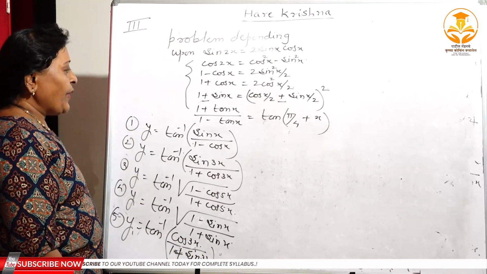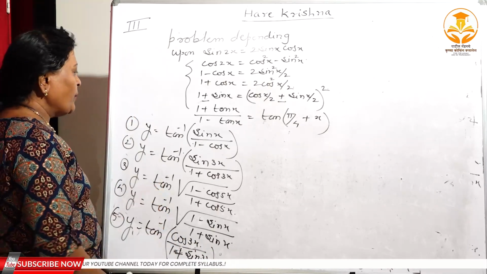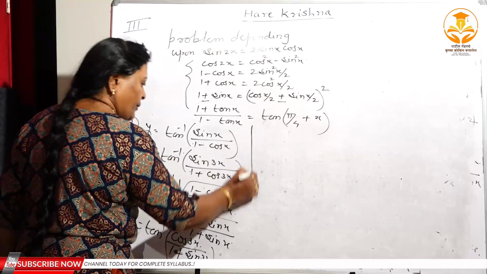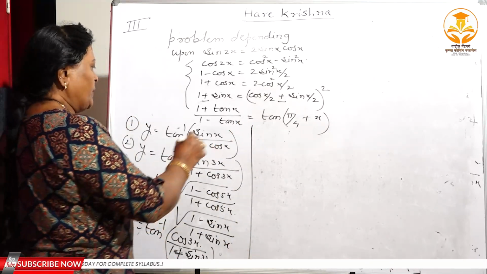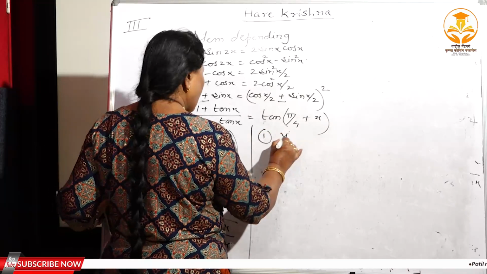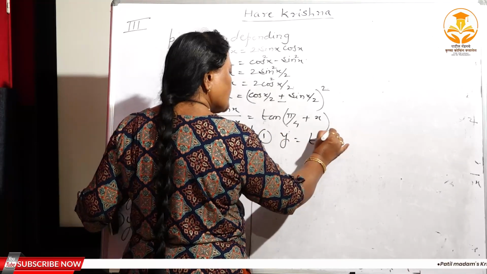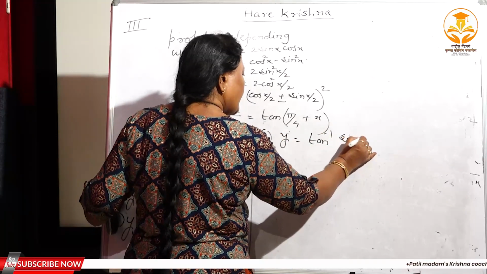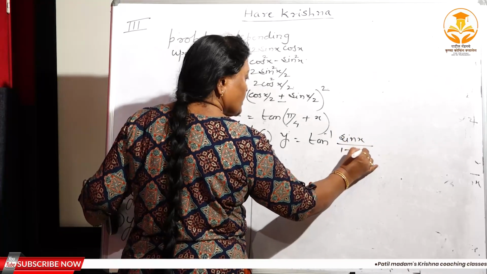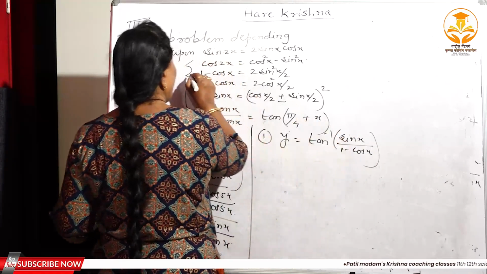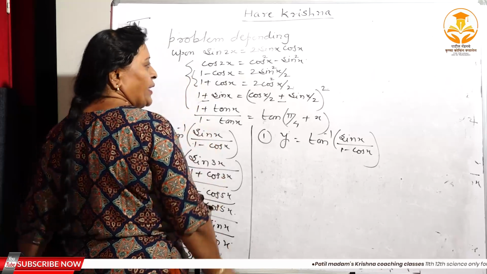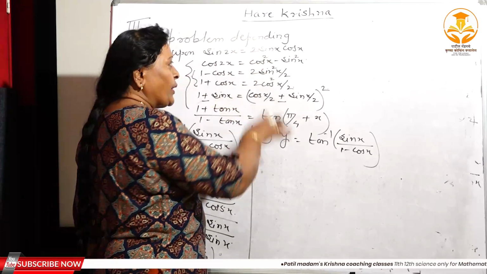Now see, there are 5 types of problems, and again we have to take all the problems here. So the first one, right? Now y is equal to tan inverse of sin x divided by 1 minus cos x. You have to remember this evergreen formula. I have given the name, that is the evergreen formula. This is double angle, but you can bifurcate.